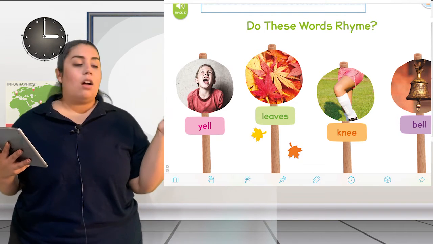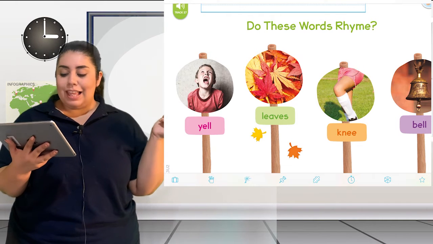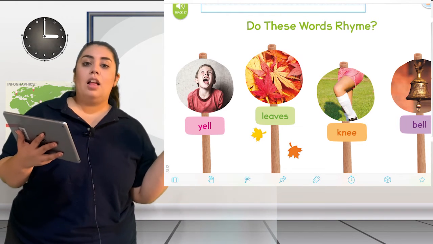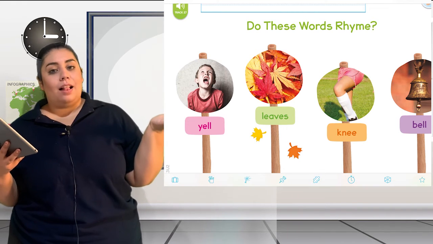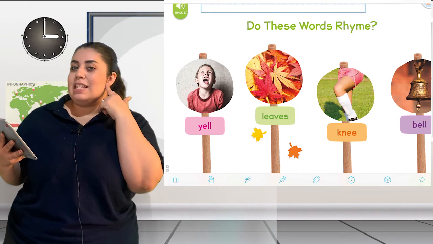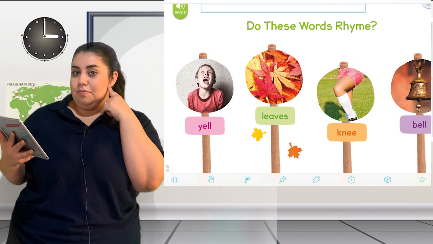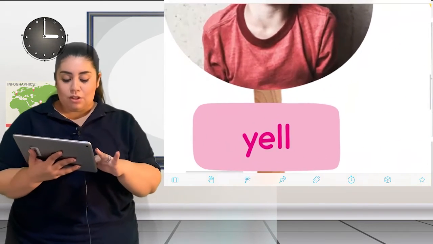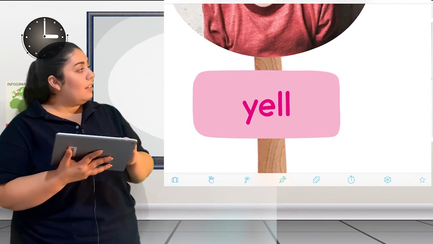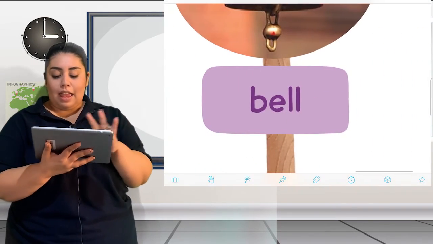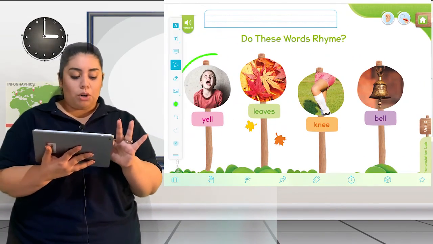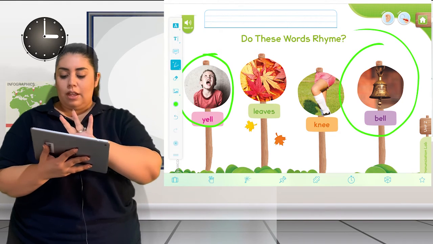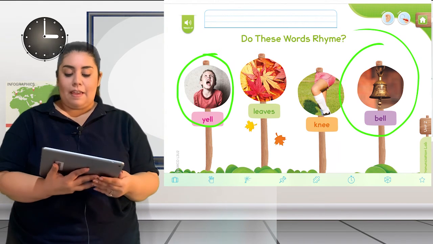No. Now let's see. Jail, bell. The sound is similar. Yes, also they end with ELL and bell, ELL too. So those are the words that we are going to circle because they sound very similar.